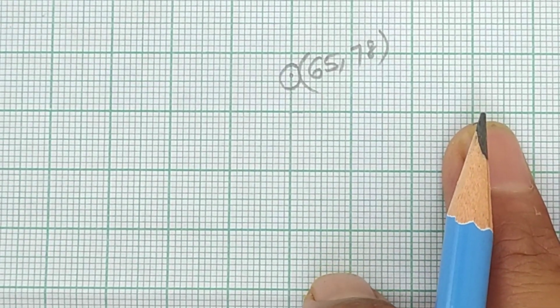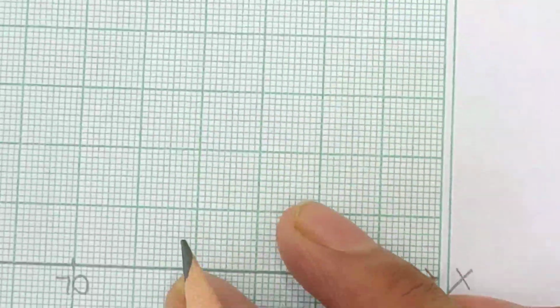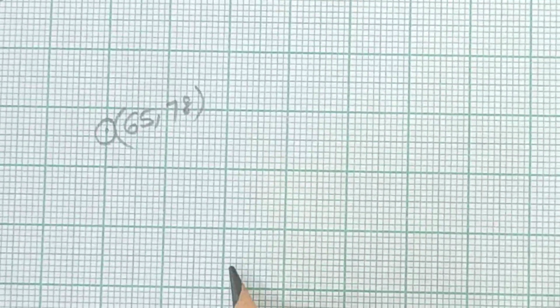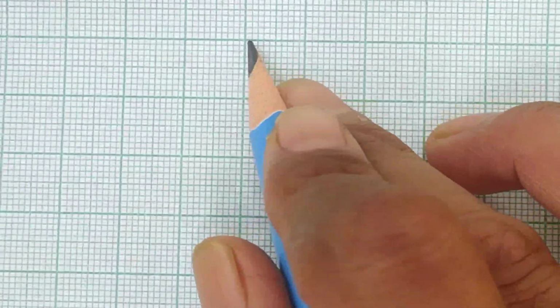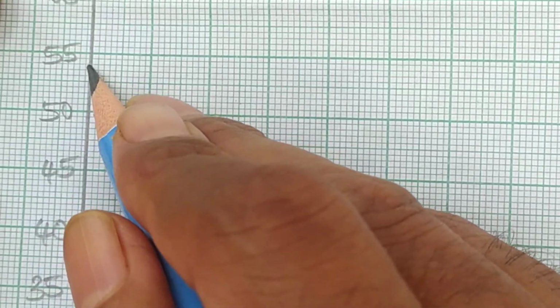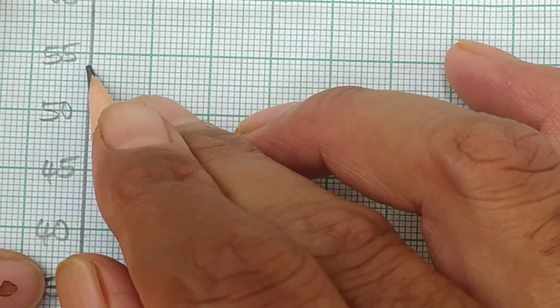Now let us see the next point, that is 70 comma 54. From this side you see 54. That means from 55 we should come 2 lines down. So here this is 54.